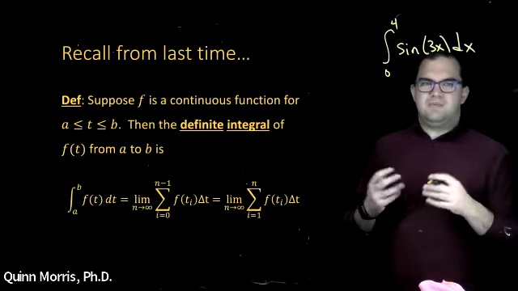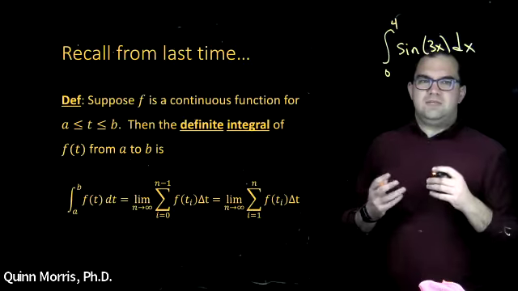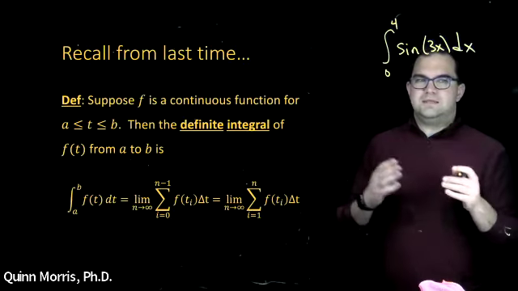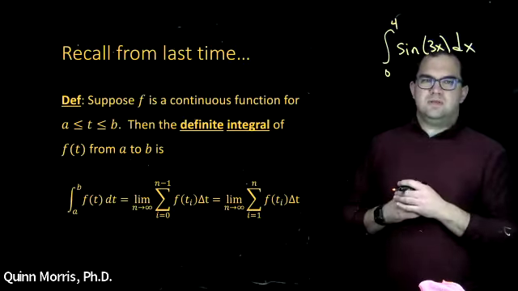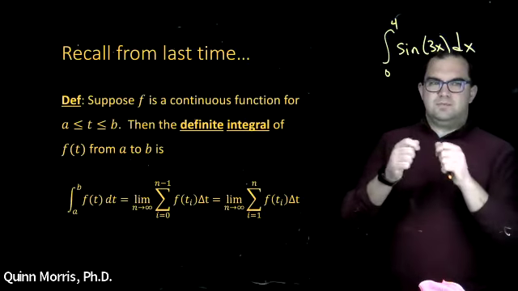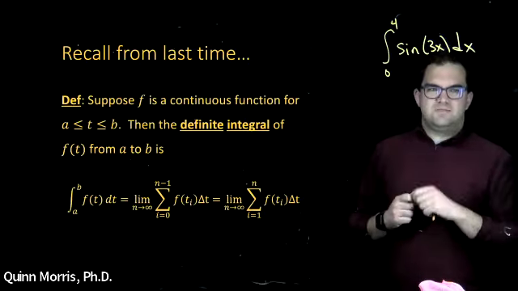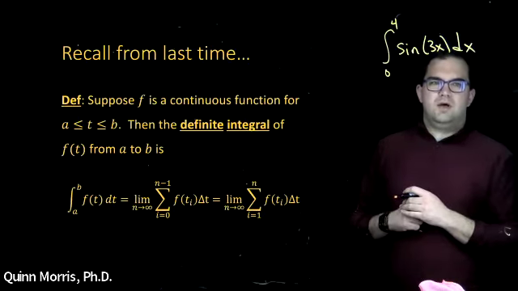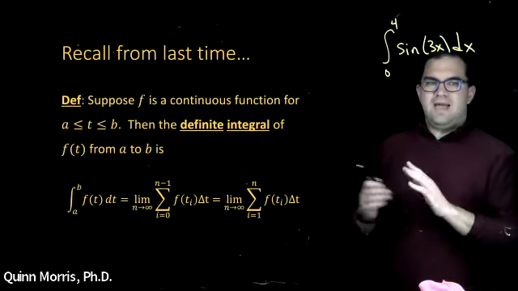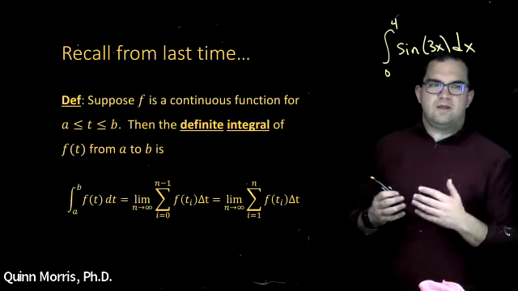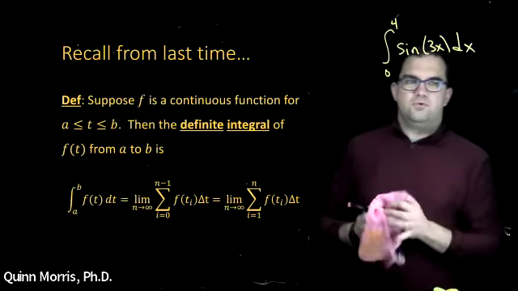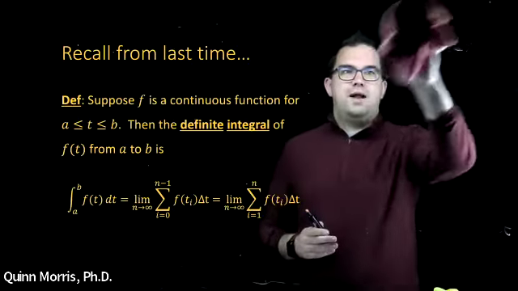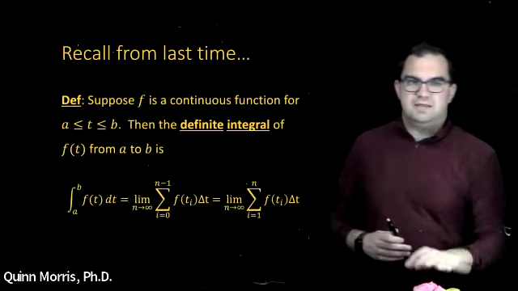The sum would have things like sine of 3t_i, where t_i is some point chosen in between some delta t interval. It's very difficult to work with to actually compute things. So we have this definition, which is a nice theoretical construct, but it's very difficult to work with for the practical purposes of actually calculating these things.